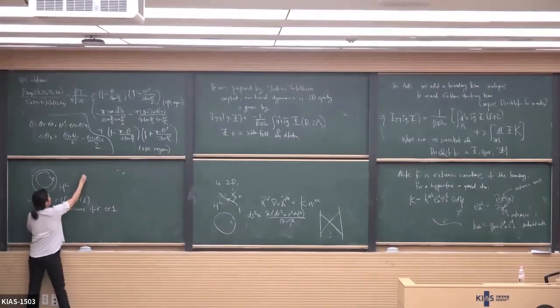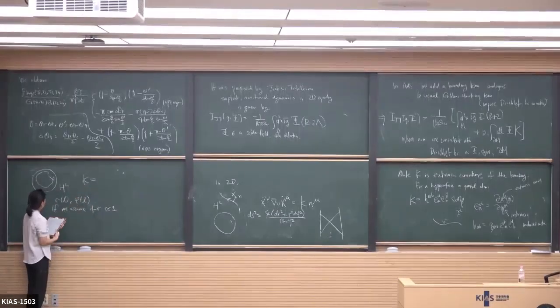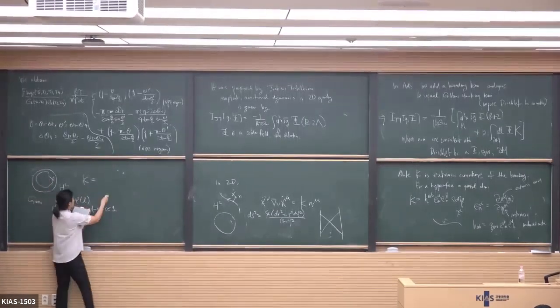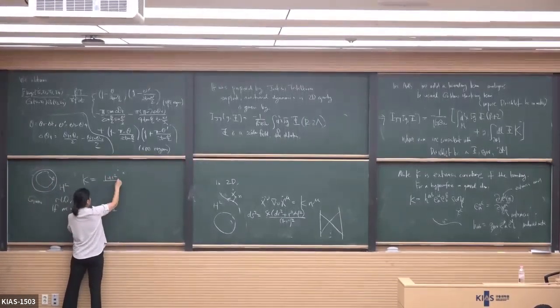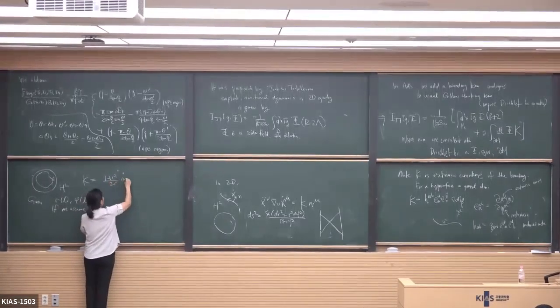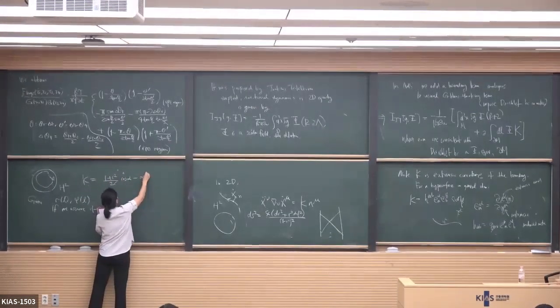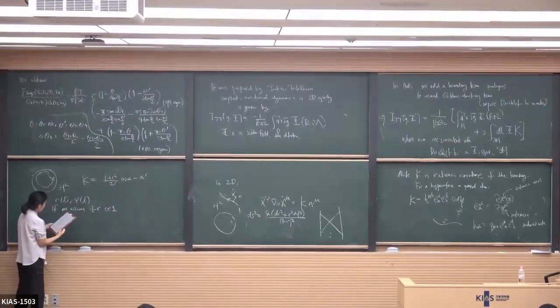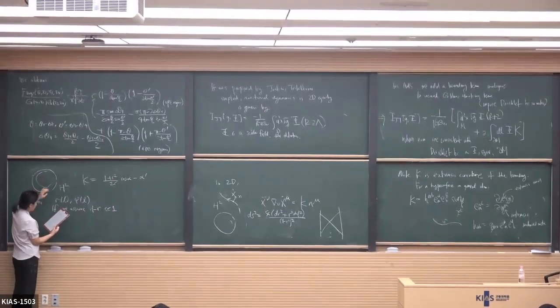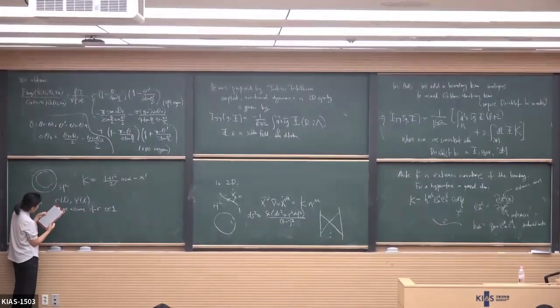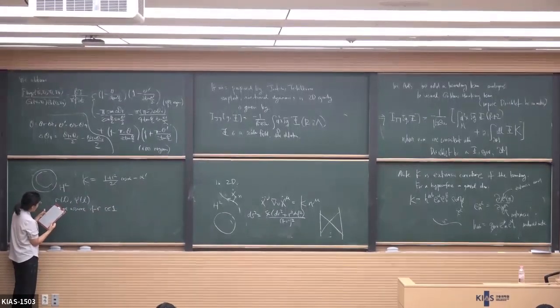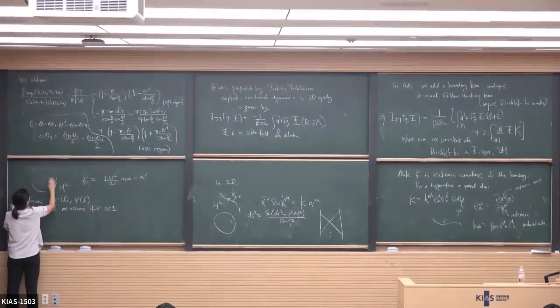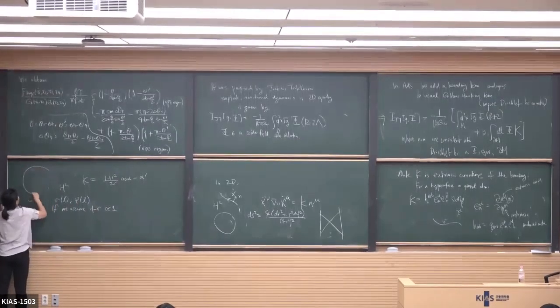Okay, so the claim is that K, the extrinsic curvature of this curve, is given by the following formula: 1 plus R squared over 2R times cosine alpha minus alpha prime, where alpha is the angle between, okay, so let me draw this picture.